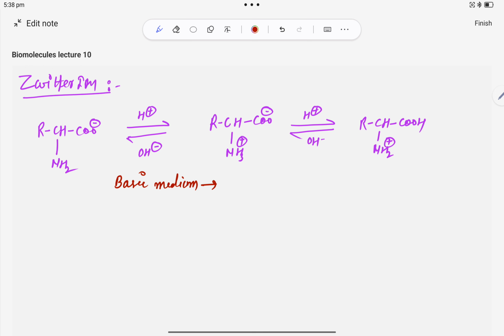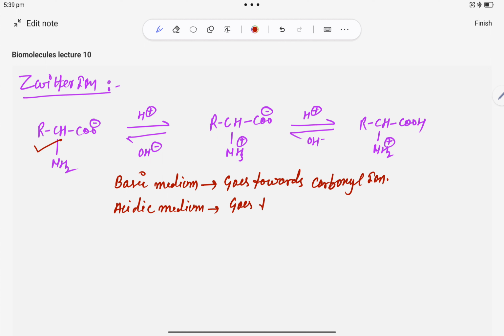So what few points we have to write here? Basic medium goes towards carboxyl ion, this ion. Acidic medium goes towards ammonium ion.